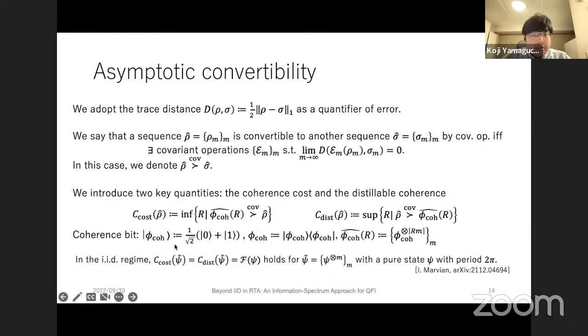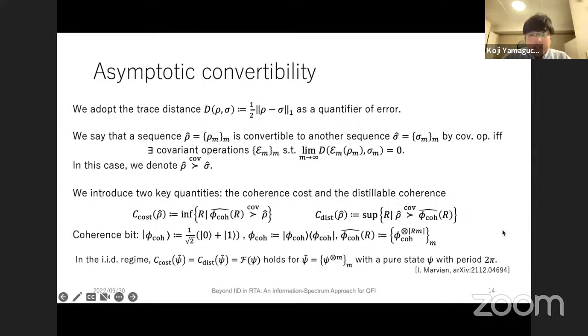Here we adopted the coherence bit as a reference, which is given by the superposition of the ground state and the first excited state. And phi hat R is a sequence of coherence bits, where a positive number R describes the rate at which the number of coherence bits increases.